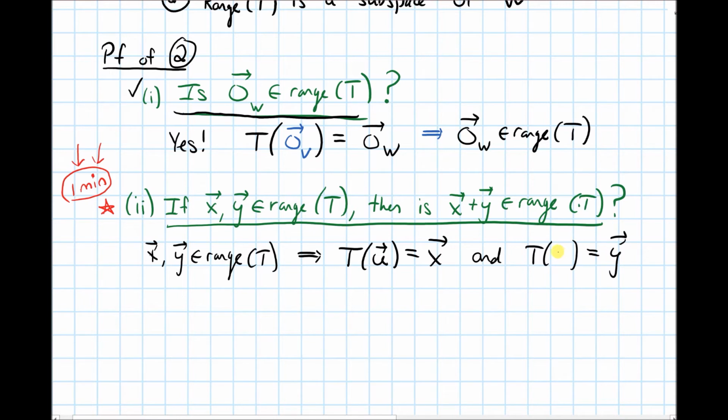And let me just call this vector v. So this has got to be true for some vectors u and v that are in the domain. So the domain is the vector space capital V.